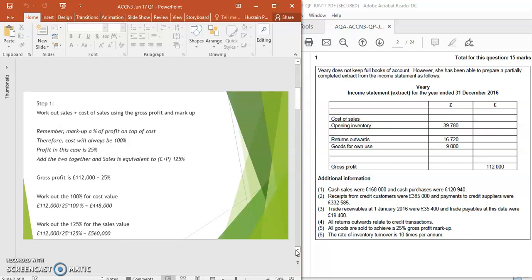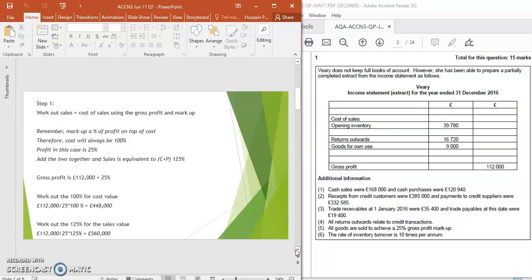The reason is that we know gross profit is 25% in value, cost is 100% in value, and sales revenue is 125% in value. So all we're doing is dividing the gross profit figure by 25%, timesing by 100 and timesing by 125 to work out the two missing figures, sales and cost of sales.